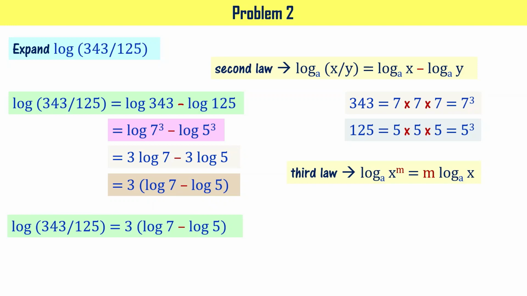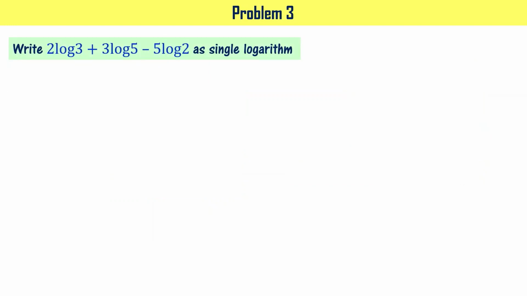Let's take a look at another problem, that is problem number 3. Write 2 log 3 plus 3 log 5 minus 5 log 2 as single logarithm. As per the third law, if I have log x power m, it becomes m log x, right? Instead, if I have something like m log x, then it becomes log x power m, right?